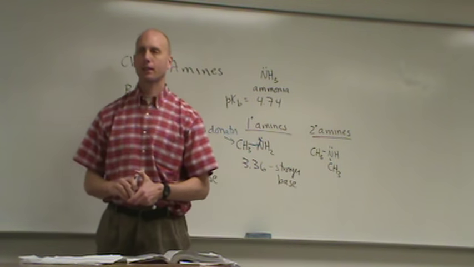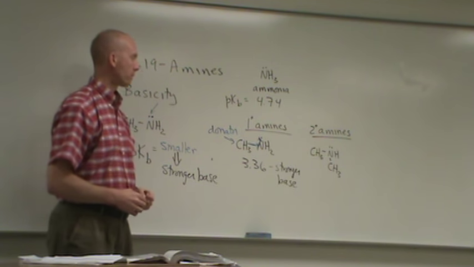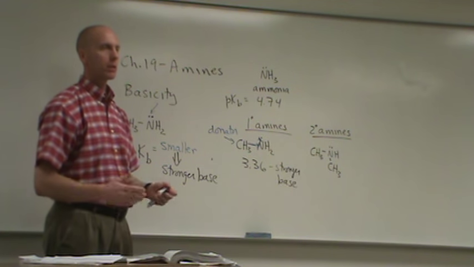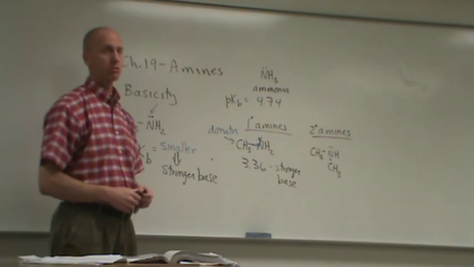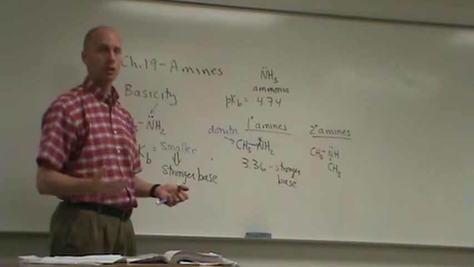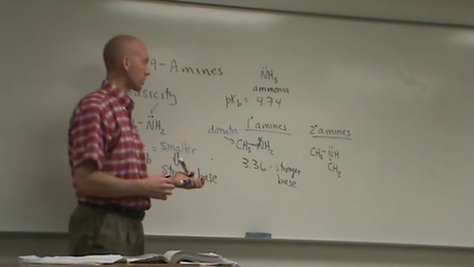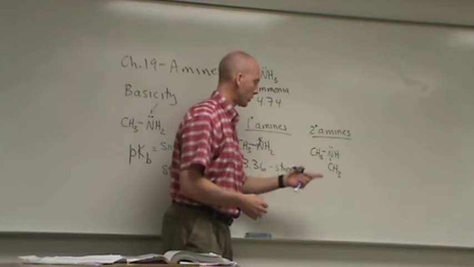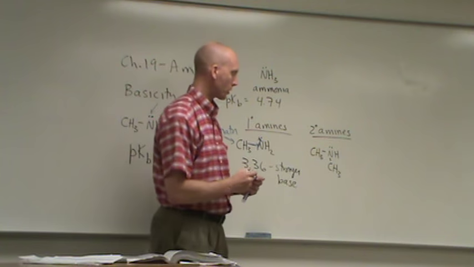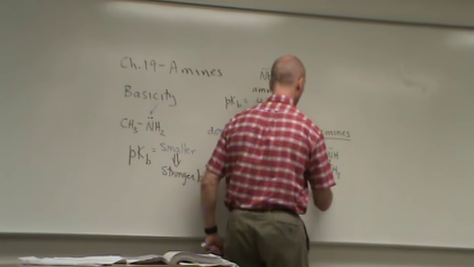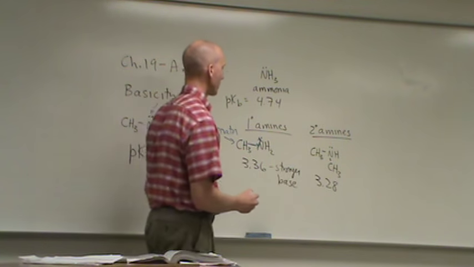So let's make this one here, where we have two methyl groups. Any predictions? Think that'll be a stronger or weaker base? Stronger. Why stronger? Because I have two donors. Yeah, so that makes sense. So I have two donors, so it should be stronger. And it comes out to 3.28. So you were right.